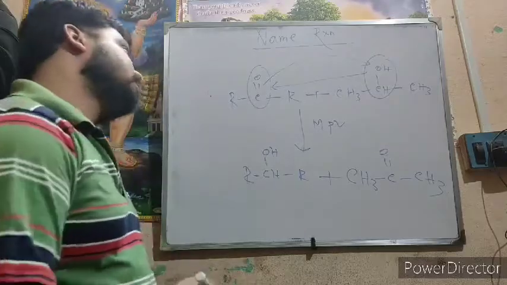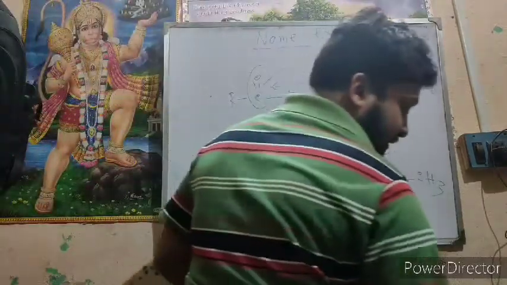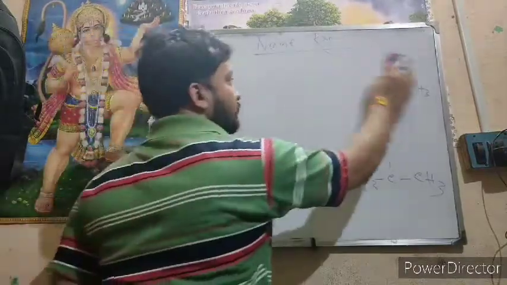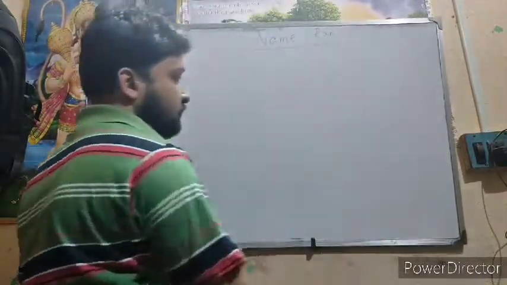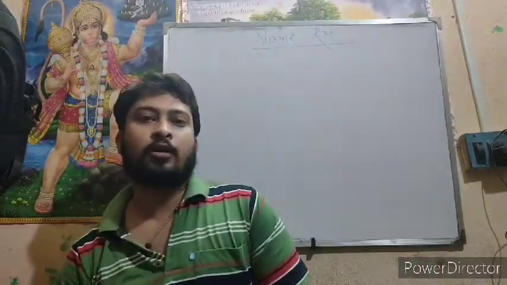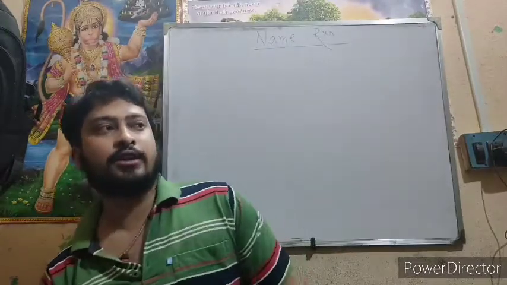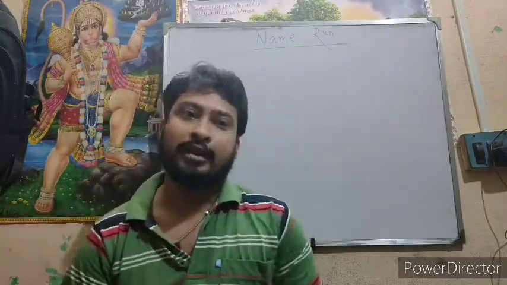So this chapter is finished here. You have covered haloalkanes and haloarenes, and then you finish this chapter, alcohol phenol ether.